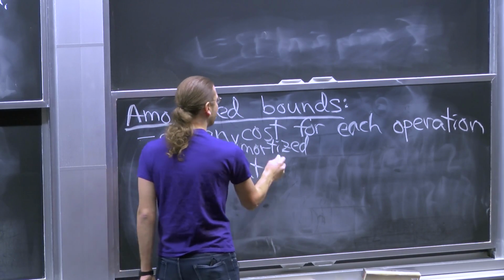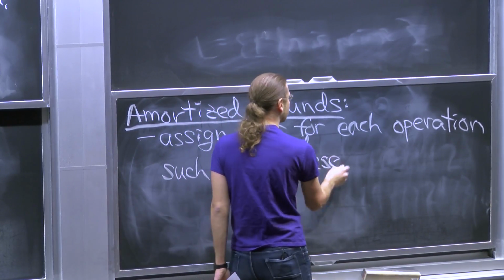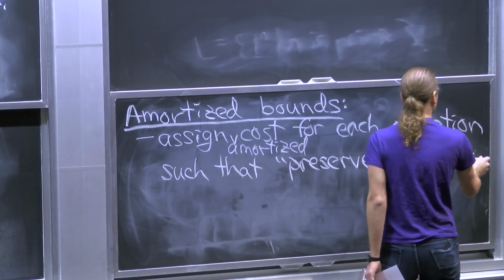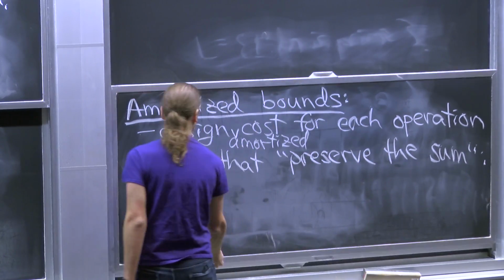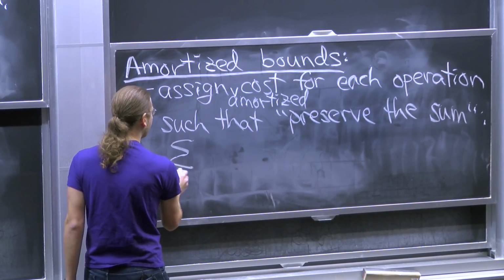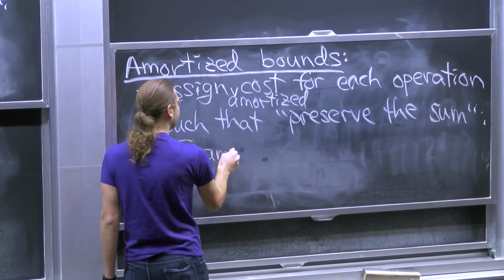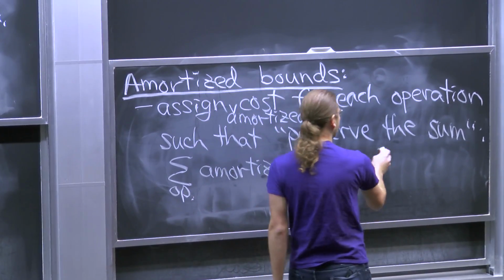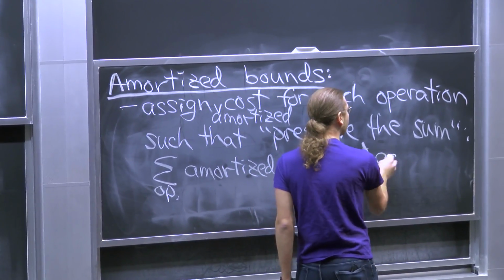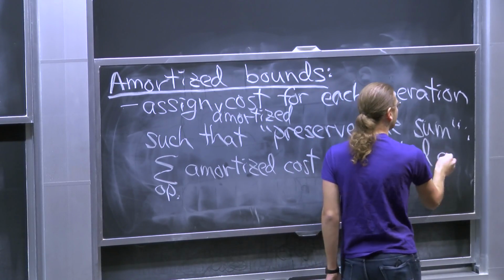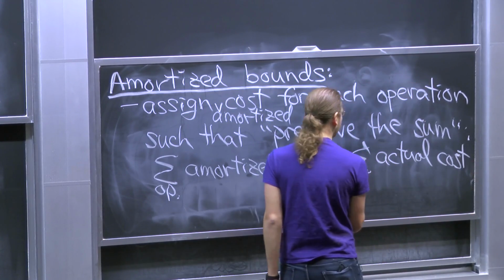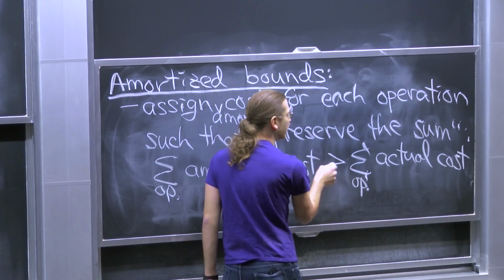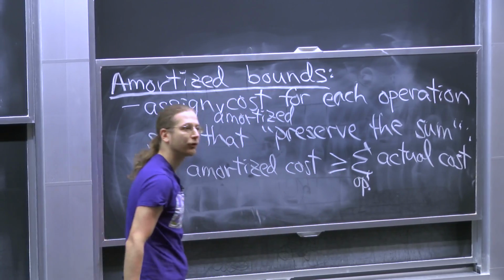Such that you preserve the sum of those costs. So what I mean is that if I look at the sum over all operations of the amortized cost of that operation, and I compare that with the sum of all the actual costs of the operations, that amortized should always be bigger, because I always want an upper bound on my actual cost.